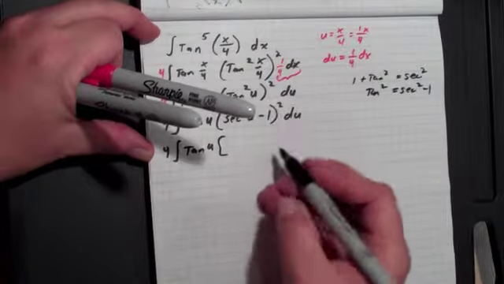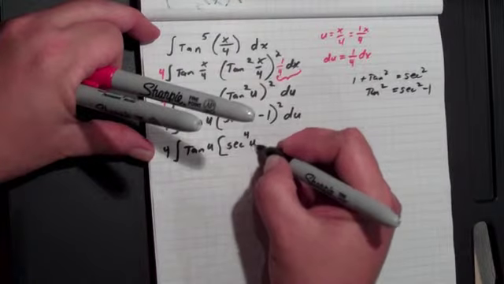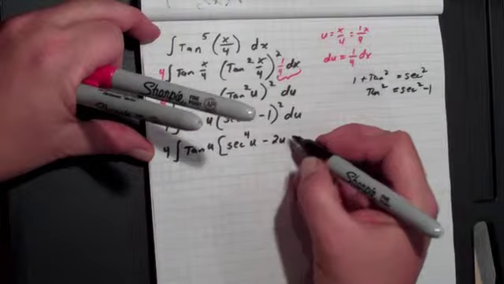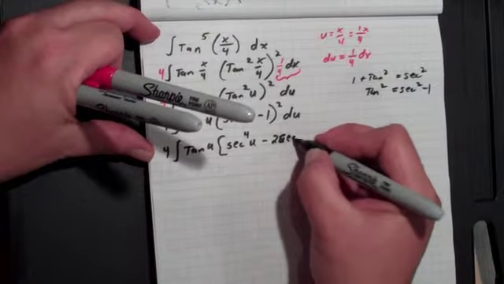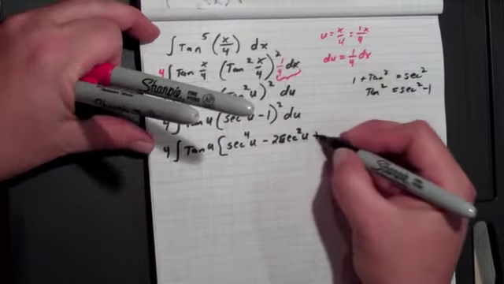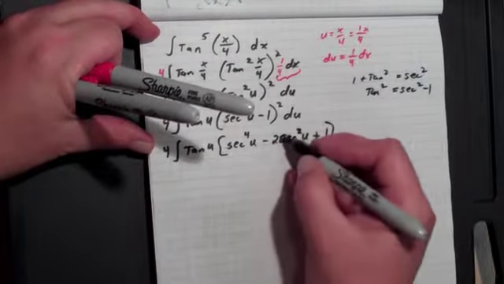When you square a binomial, you square the first, twice the product in the middle, so that would be minus 2 secant squared of u, square the last. So you square the first, square the last, and twice the product in the middle.